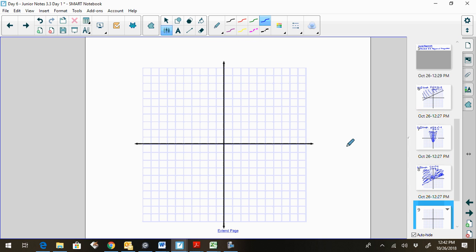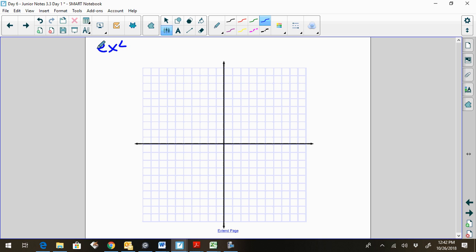Example 4. We're going to graph this. What if we have y is greater than x squared minus 2, and y is less than or equal to 2x plus 1. Okay, let's graph each of these.